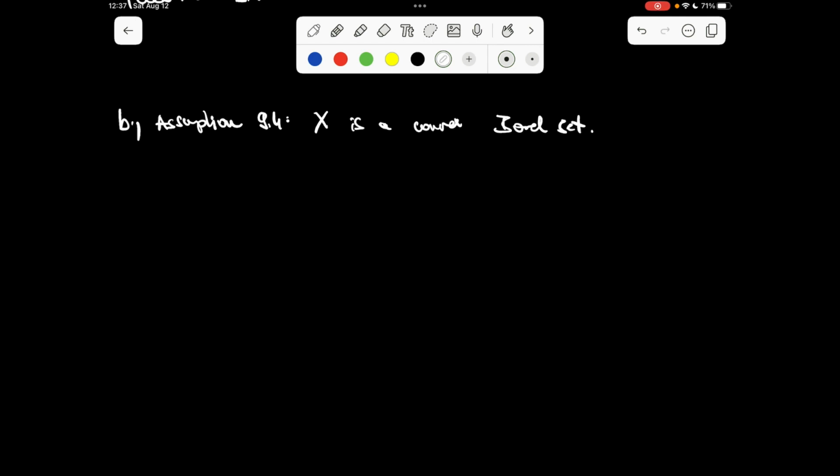So a convex set is a set in which the section interlinking two inner points is also in the set, and this assumption is satisfied. So X is a convex Borel set. Okay, that's great.